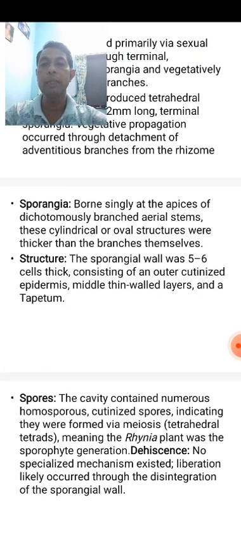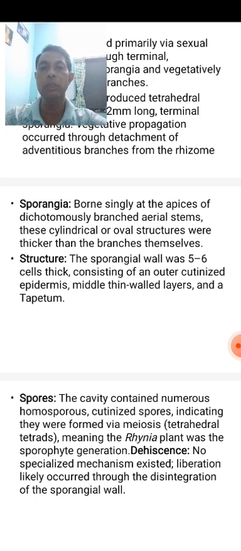This sporangium produces the spores. The cavity contained numerous homospores, cutinized spores, indicating they were formed via meiosis, meaning the Rhynia plant was the sporophyte generation. As for dehiscence of these spores, no specialized mechanism existed for their liberation; it likely occurred through disintegration of the sporangial wall.